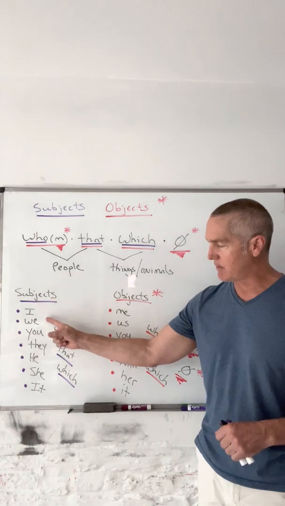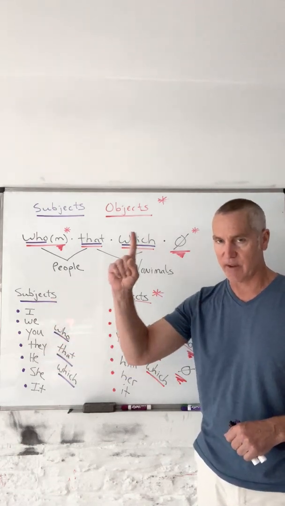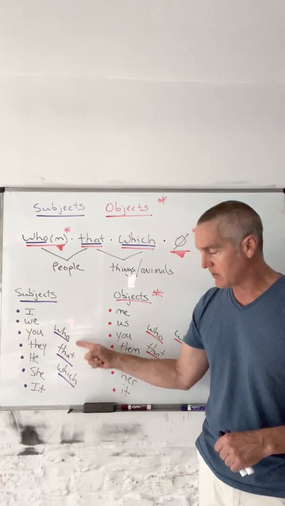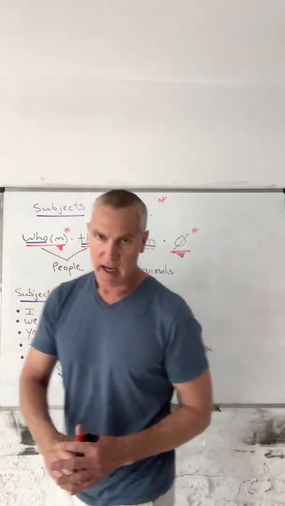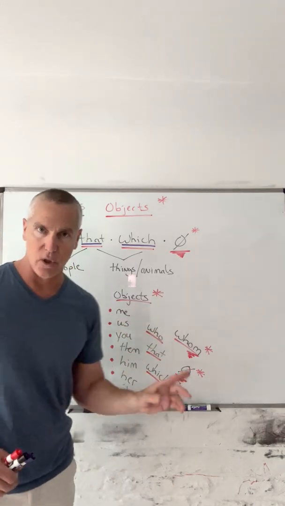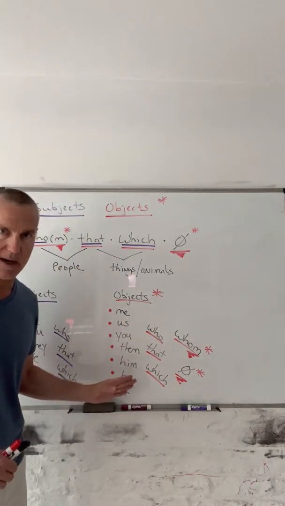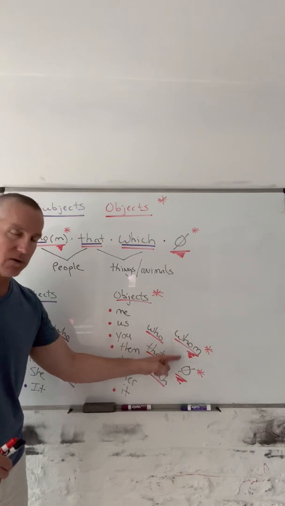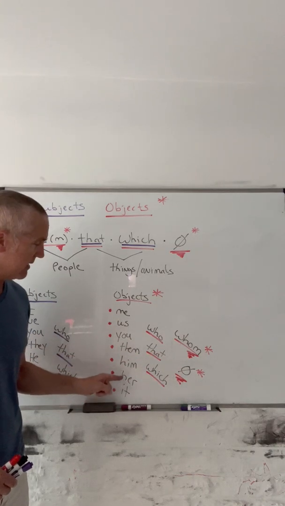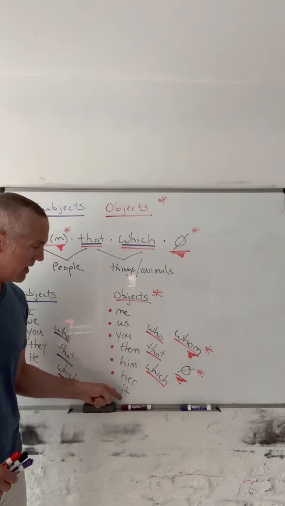One more time. If we have a subject reference, that was the last video, we have those three options: who, that, and which. And again, this is the intention of this video. We're looking in this territory now and looking at these two extra options. We have an object reference in the second sentence: me, us, you, them, him, her, it.